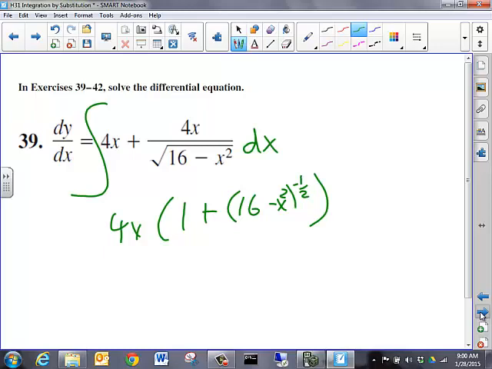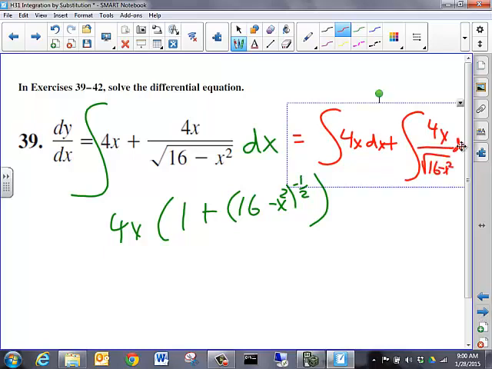Let me show you something that might seem a little bit easier for you. There's nothing wrong with this, okay? But I could also write this as the integral of 4x plus the integral of 4x over the square root of 16 minus x squared. I could do that, and I'm going to get to the same answer.